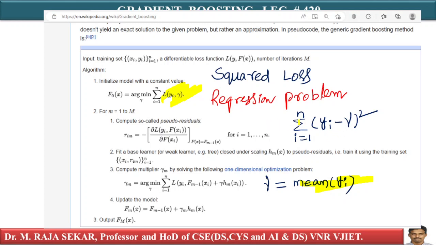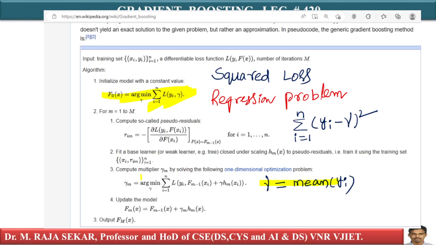If you take the first derivative of this and equate it to zero, using the standard optimization procedure, you will end up getting the gamma that minimizes the whole thing, where gamma is a constant. The gamma which minimizes this is gamma equal to the mean of yi.